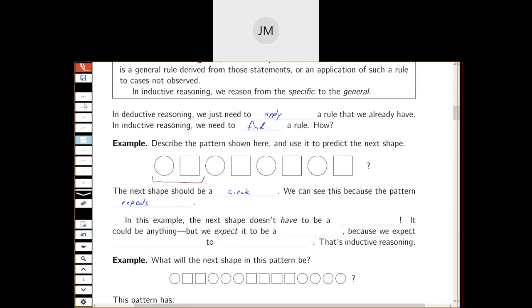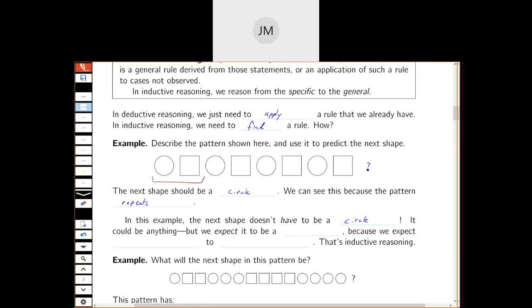All right, in this example, though, the next shape doesn't have to be a circle, right? If you were just drawing on your page and you decided to end your drawing with 2 squares in a row, that's fine. Or maybe you wanted to draw a smiley face or a hexagon or a boat, okay? You could have drawn anything, and not showed me the last thing and said, can you guess what it is?